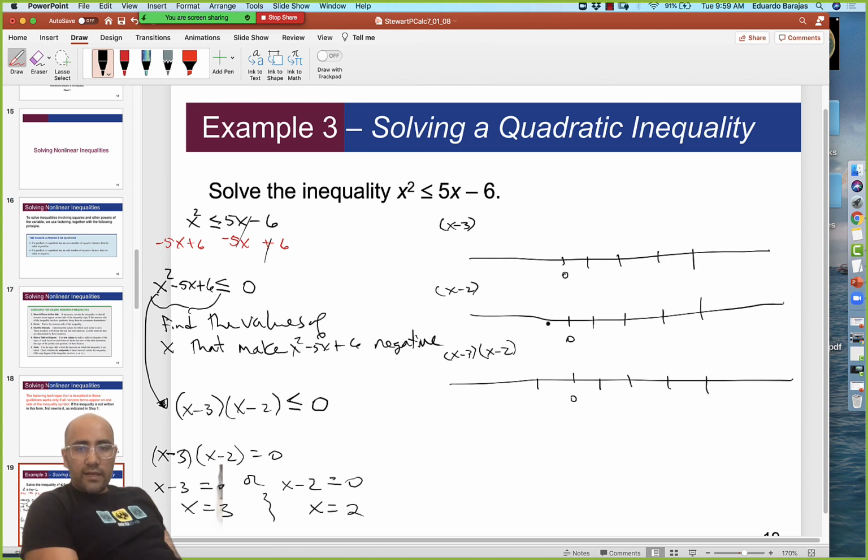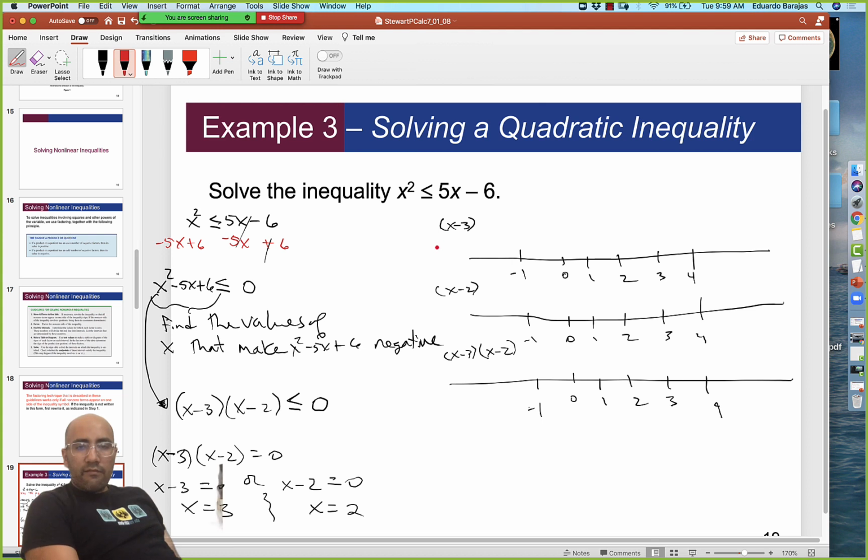Maybe on the other side, negative 1, negative 1, negative 1. Okay, so now for the first one, I want to find the 0.